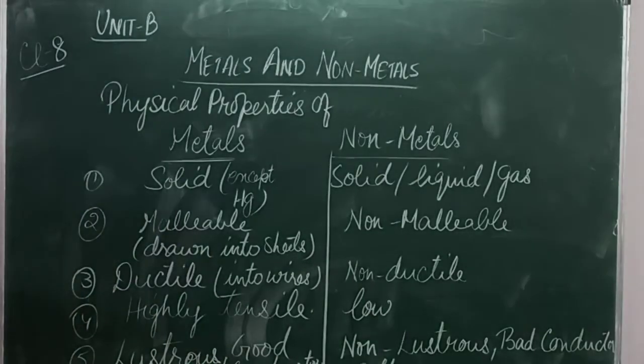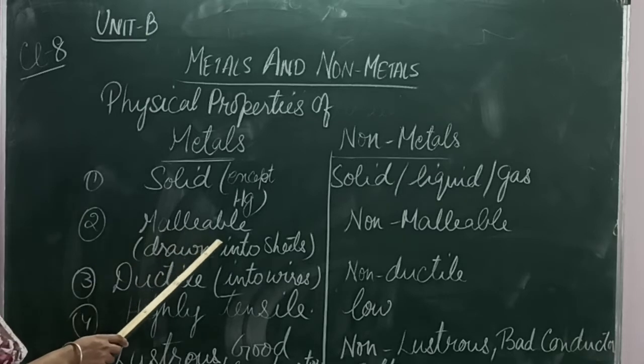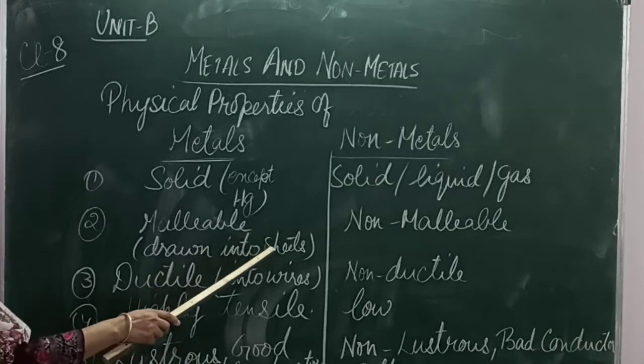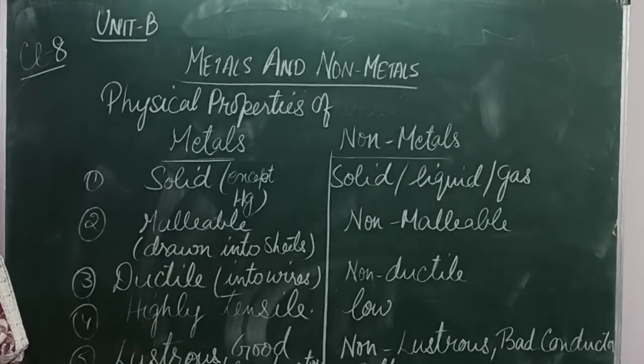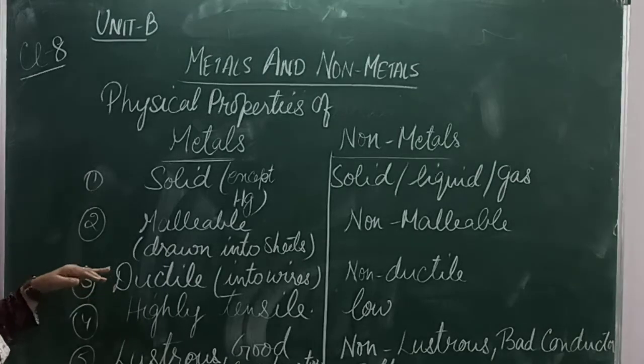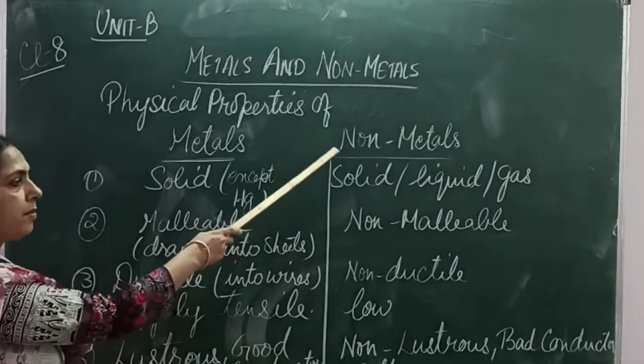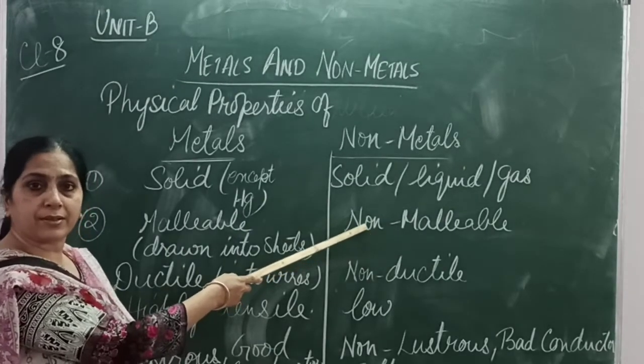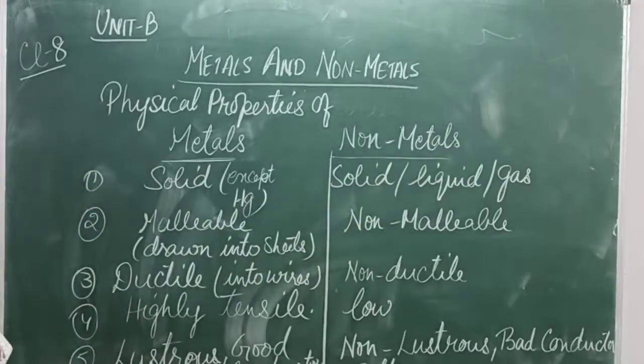Now the second quality we are going to understand is that all the metals are malleable. Malleable means that the metals can be drawn into sheets, right? So all the metals are malleable, and all the non-metals are non-malleable. The non-metals cannot be drawn into sheets, right?